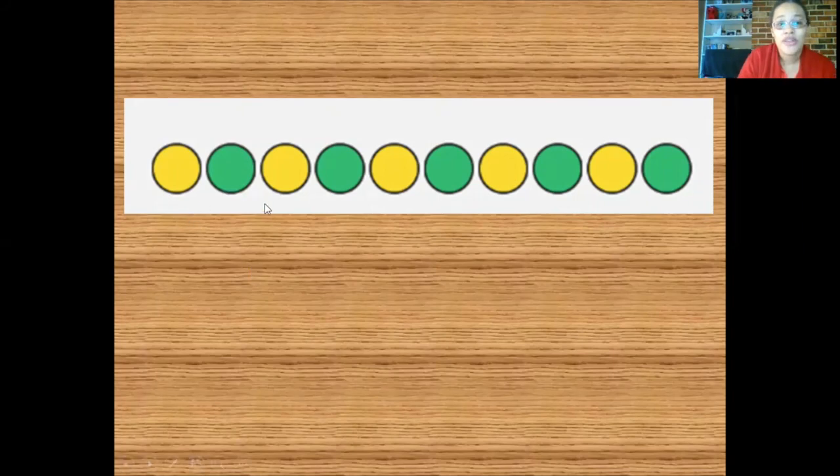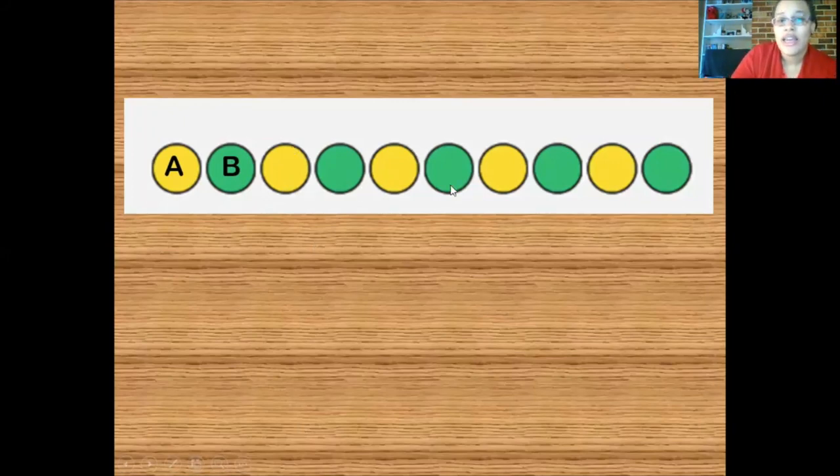So we can call this pattern an A-B pattern because the first part was yellow and the second part is green. And then yellow repeats and then green repeats. So there's no other color in this pattern.